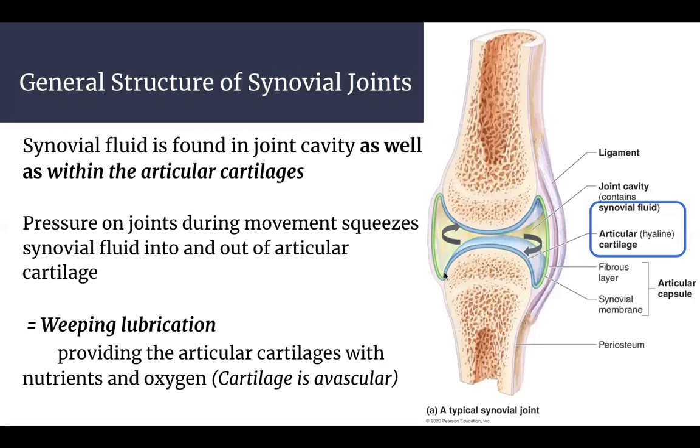And this movement is called weeping lubrication. Think about a sponge: you squeeze it, then the water comes out. If you put the sponge back in the water, it takes it back up. That's the process we're seeing here with these articular cartilages. And this is how they're getting perfused with the necessary nutrients and oxygen they need.